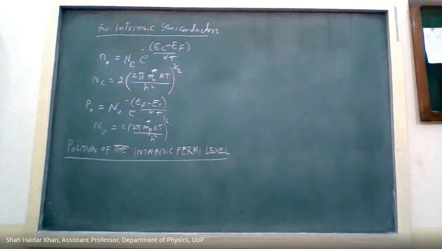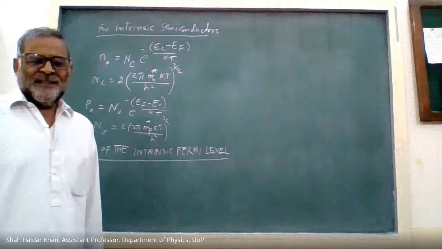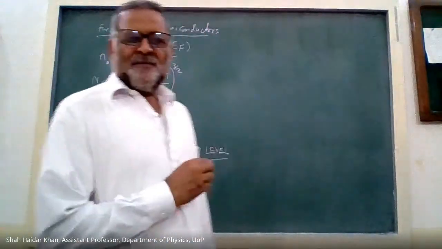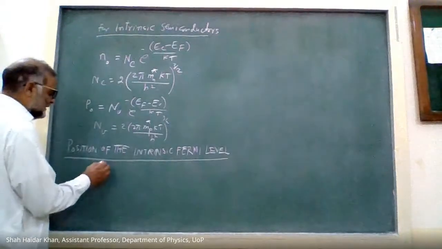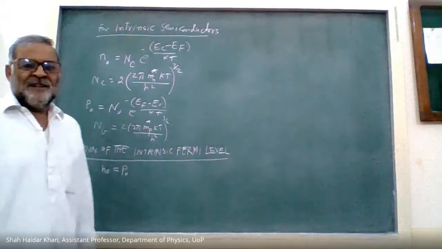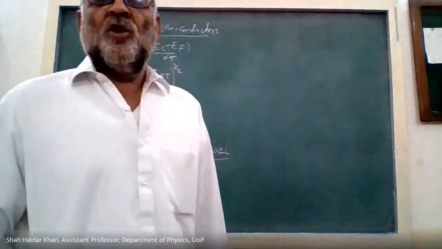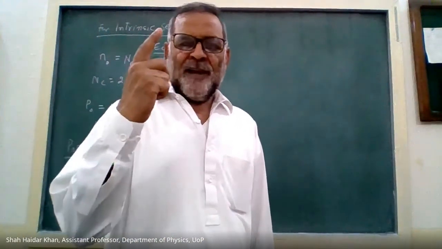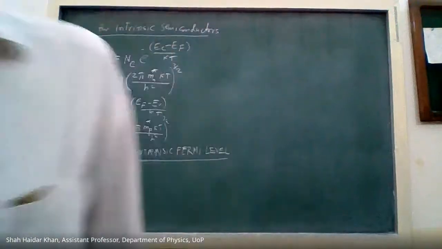Okay, now for the Fermi level, look, this is an intrinsic semiconductor, so N naught must be equal to P naught because there are no impurities.